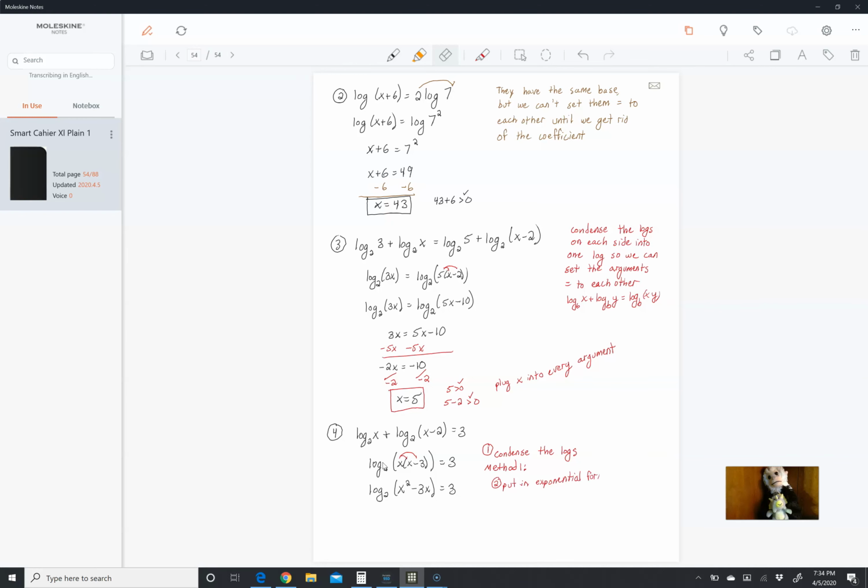The idea is that the right side doesn't have an argument. There is no log. Can't have an argument if there's no log.